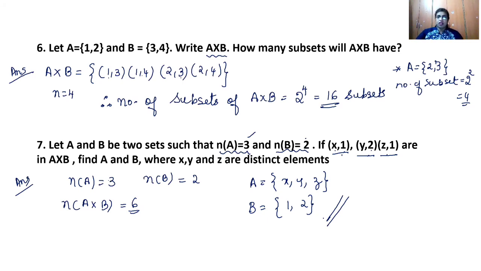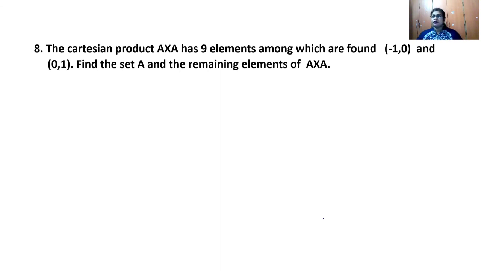Yes. So we move on to the last question of this first exercise. What is given in the 8th question? The Cartesian product A cross A has 9 elements, among which are found -1, 0 and 0, 1. Among the 9 ordered pairs, only 2 ordered pairs are given, -1, 0 and 0, 1.